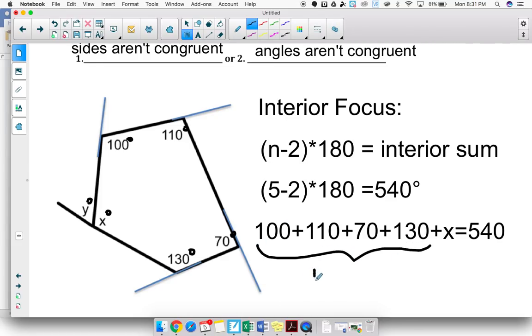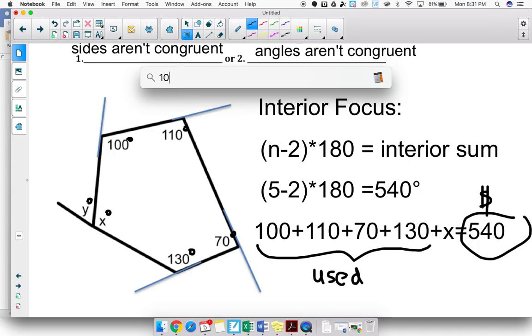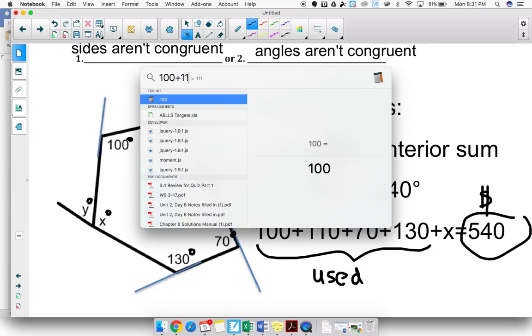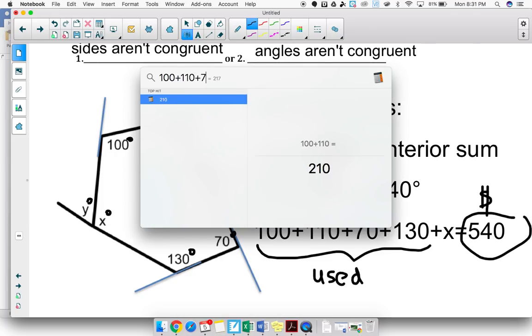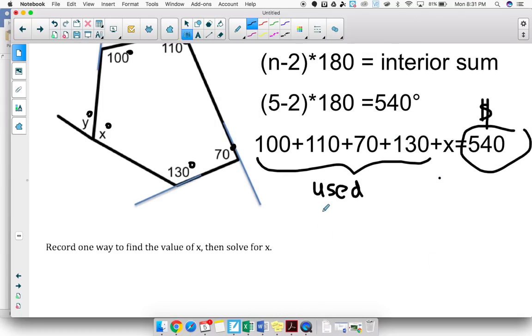Think of it like a bank account: if you spent all of your other money, your X is just what's left in your bank account. So 100 and 110 and 70 and 130. So far I've used 410 degrees.